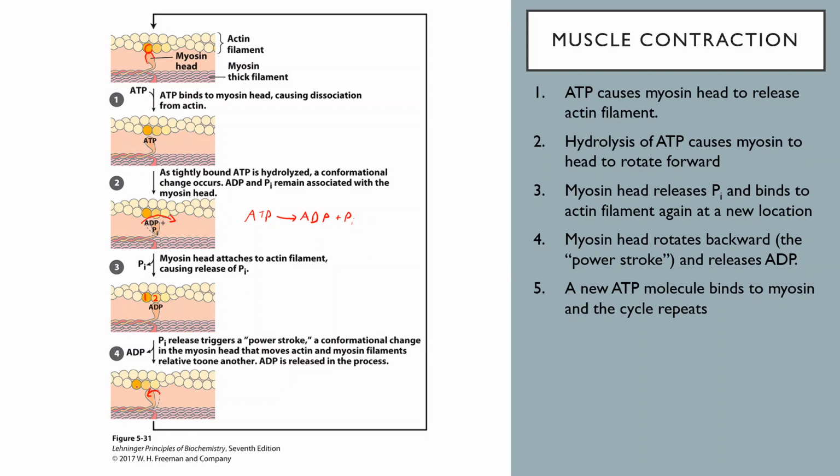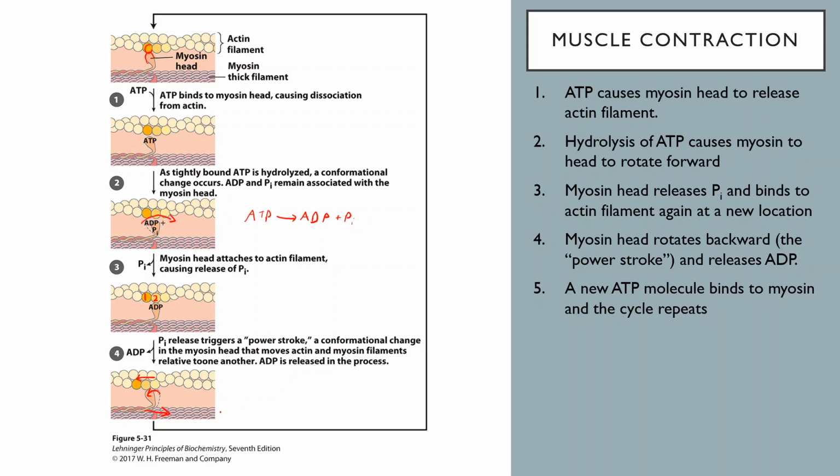So essentially, what happens is the myosin head pulls the actin filament this way, or you kind of have both things happening at the same time. The thick filament is pulled that way, and again, this would be pulling.